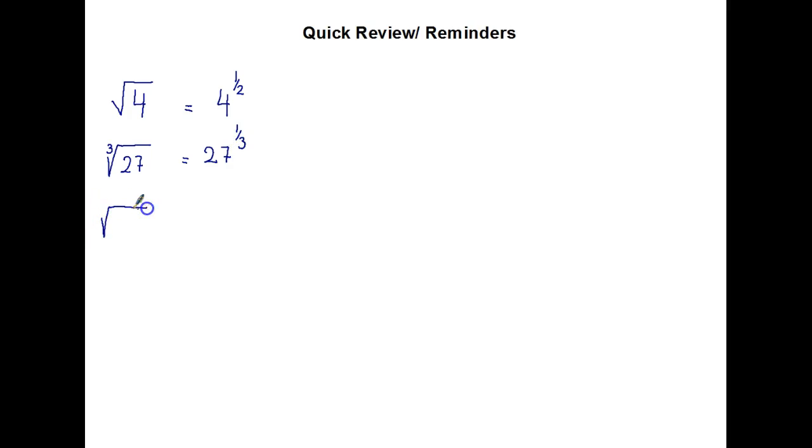Any number under the fourth root is equal to that number to the power fourth. So any number under the nth root is equal to that same number to the power 1 over n.